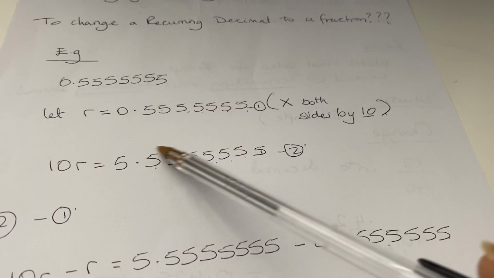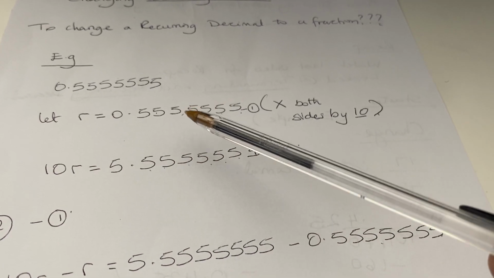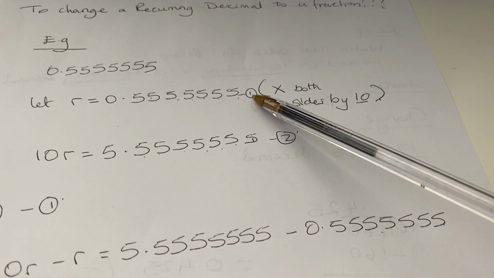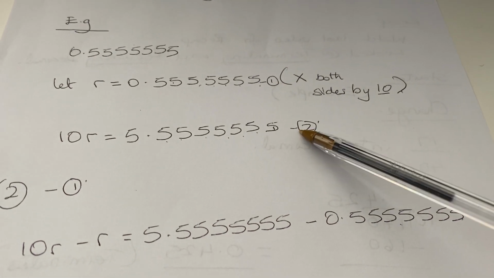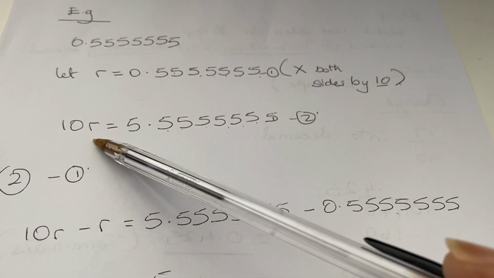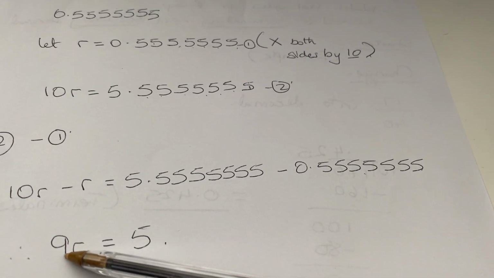Now this is my first equation here, and that's my second. So I'm going to subtract the first equation, which I've labeled 1, from 2. So 10r minus r will give me 9r.